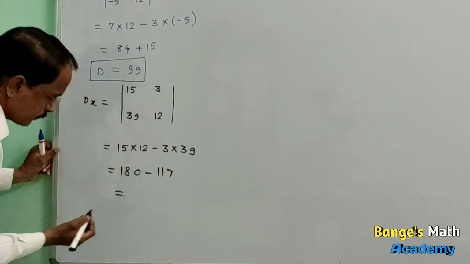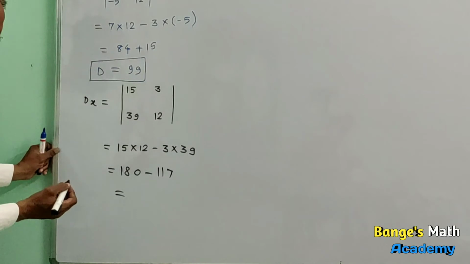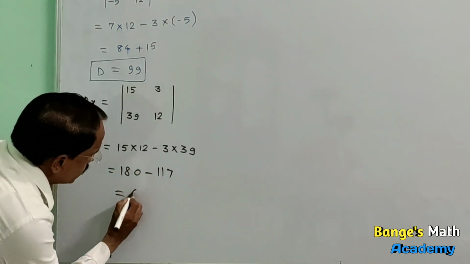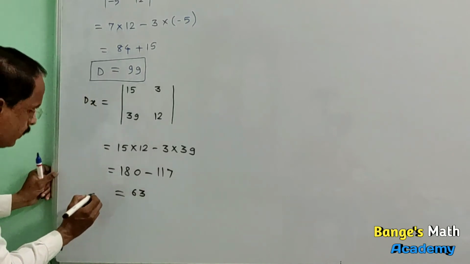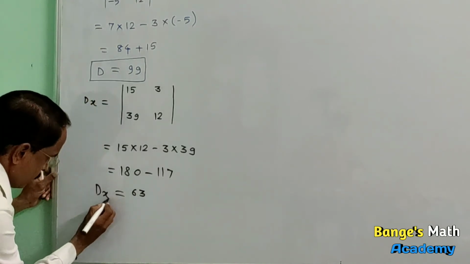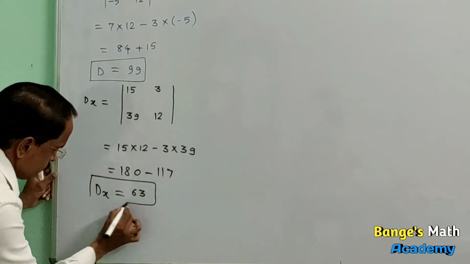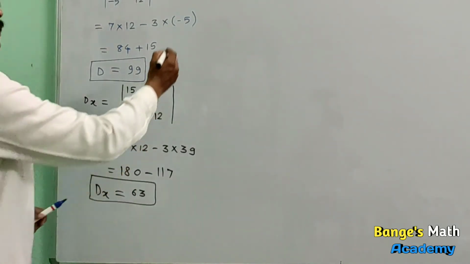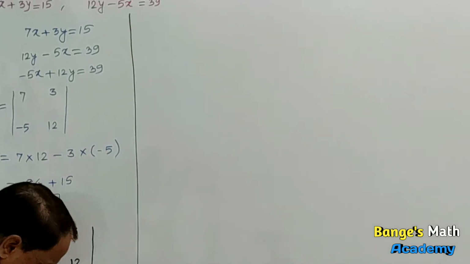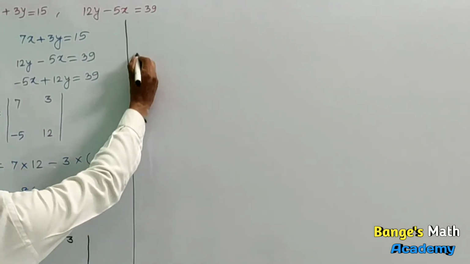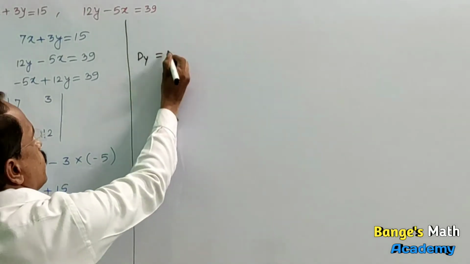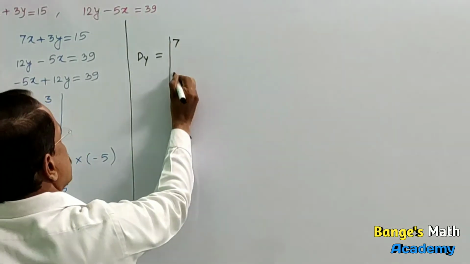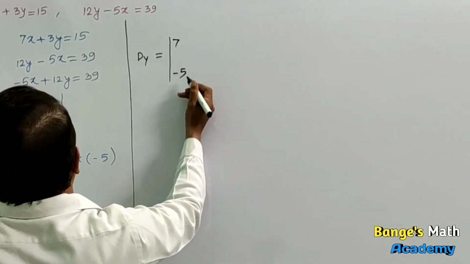Then subtraction of this, 180 minus 117 is 63. dx is equal to 63. Then find dy. dy is equal to, in first column write down coefficients of x: 7, minus 5.